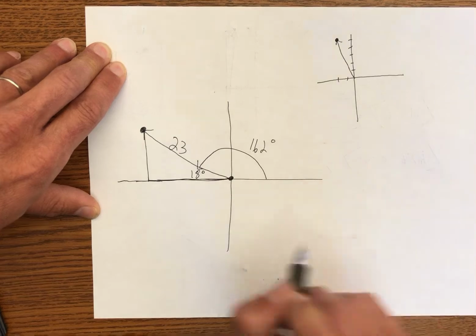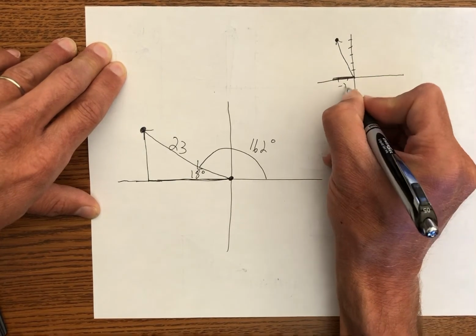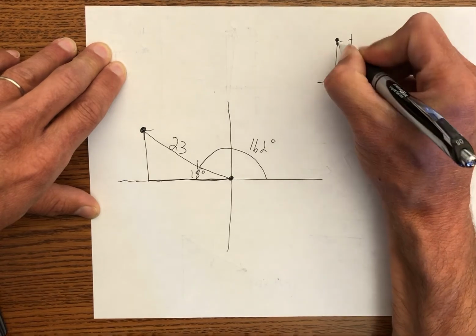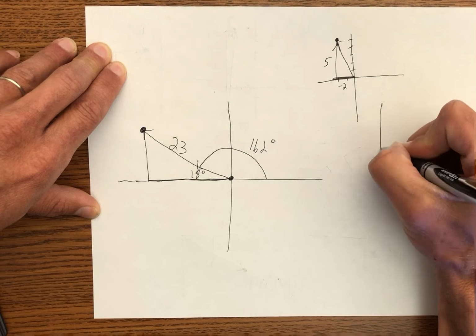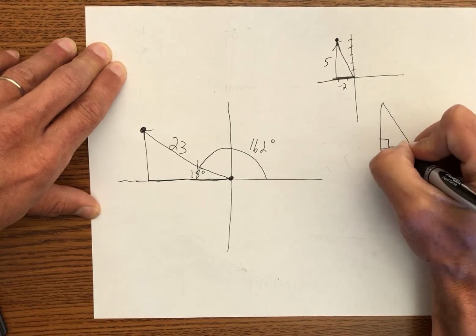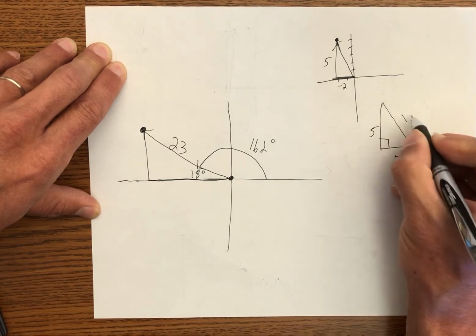Find its magnitude. This is negative 2, positive 5. So if I just draw that basic right triangle, I have negative 2 and 5.